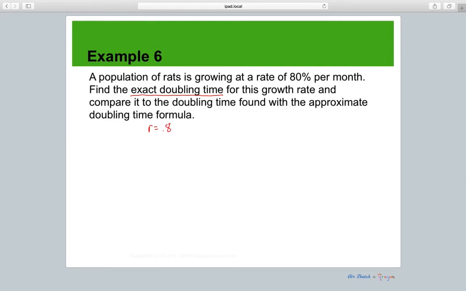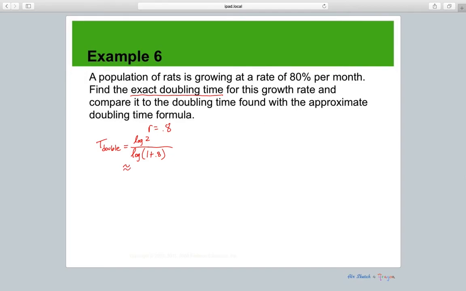So, all right, T double is log 2 over log 1 plus 0.8. All right, and so from that, we're going to get a decimal approximation.